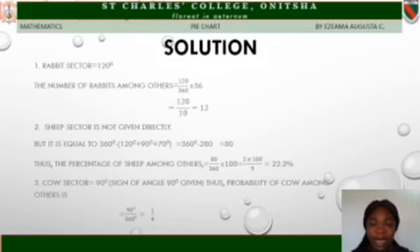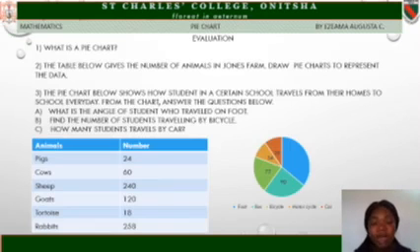We have given the answer in percentage. Now, 3. The cow sector is 90 degrees. The angle 90 degrees is given. Thus, probability of cow among others will now be 90 over 360. It will give us 1 over 4.